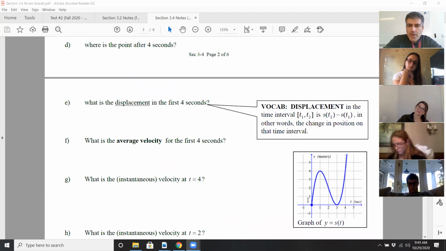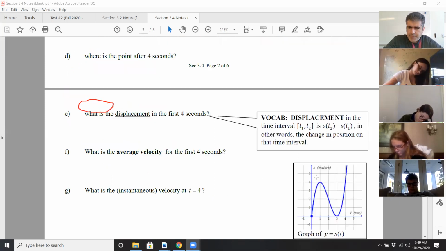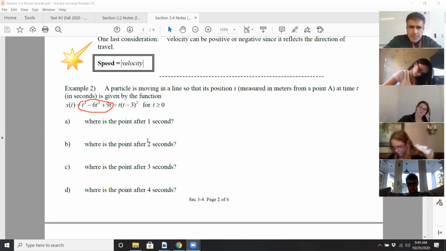Our function is written two ways: factored form and standard form. If you plug in 0 for t, position is 0. If you plug in 1 for t, I believe you get 4. And if you plug in other values, you get all these different values, so you get the shape here.